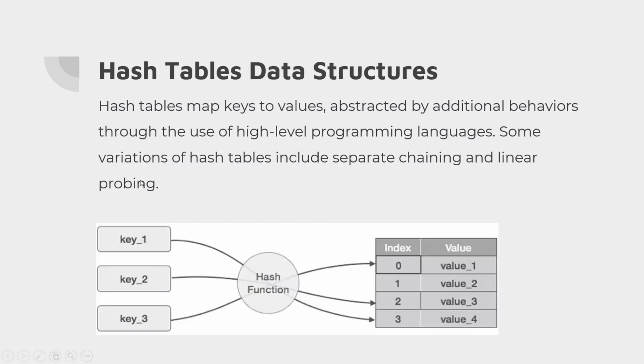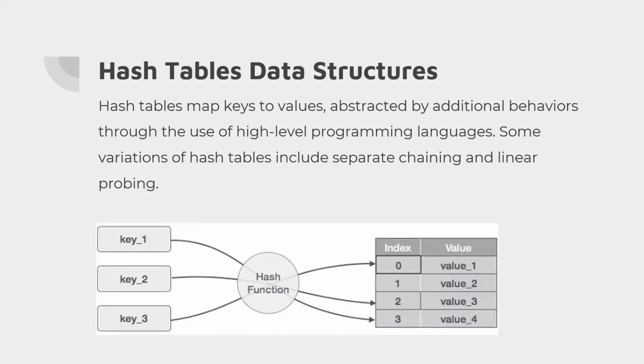So the other type of data structure is hash tables. Hash tables map keys to values, abstracted by additional behaviors through the use of high-level programming languages.